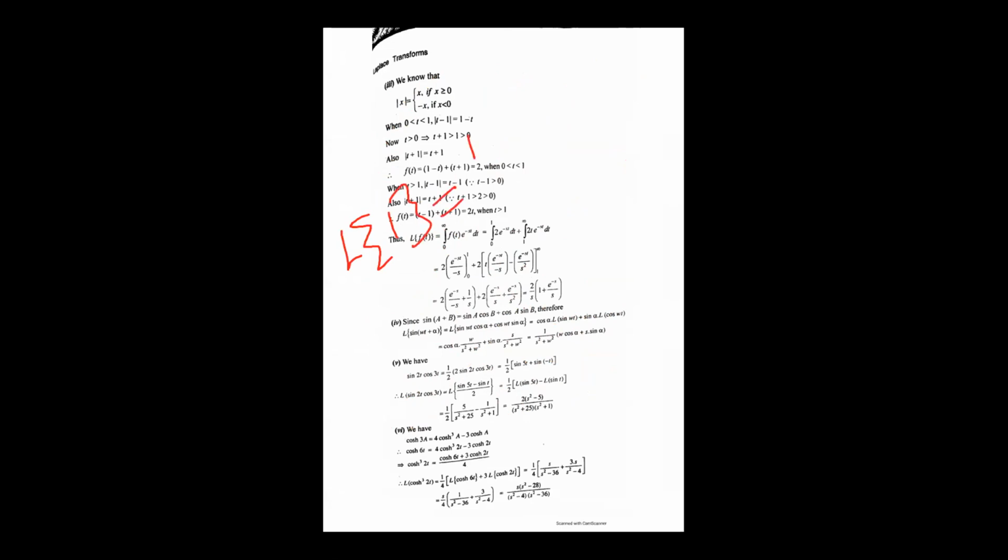L of 1 equal to 1 by s, L of e power at equal to 1 by s minus a. These are results, and they also have proofs. So L of e power minus at equal to 1 by s plus a.